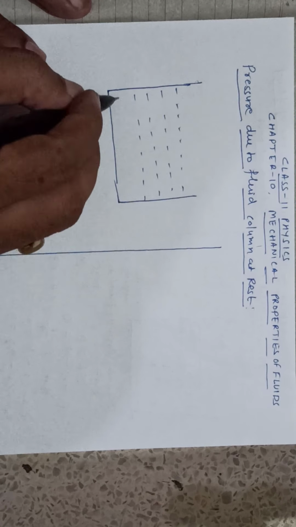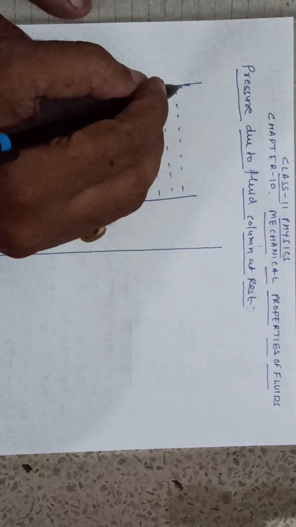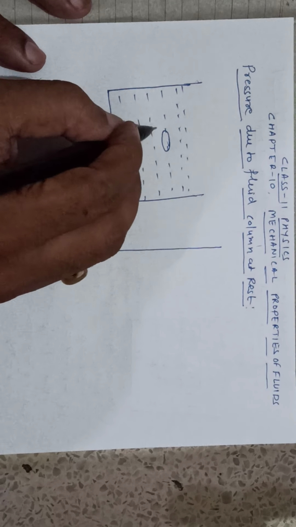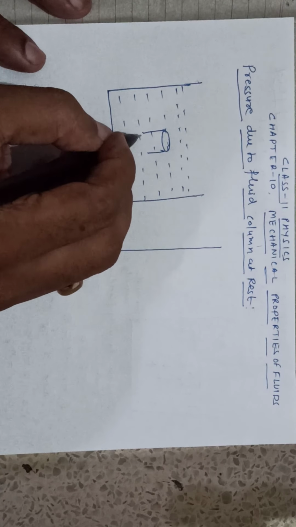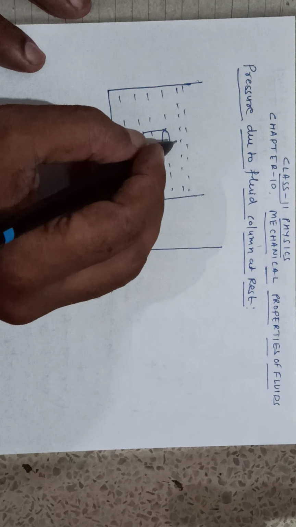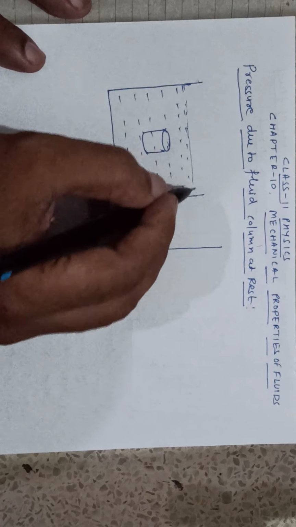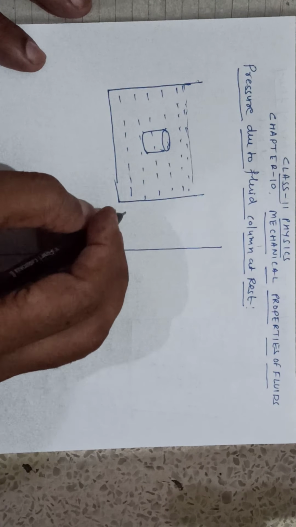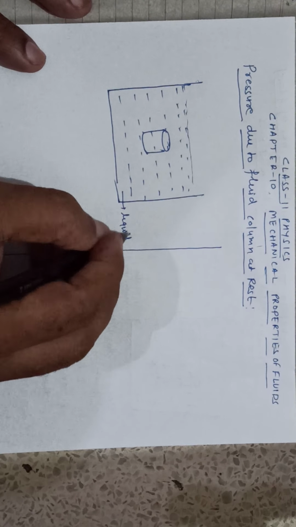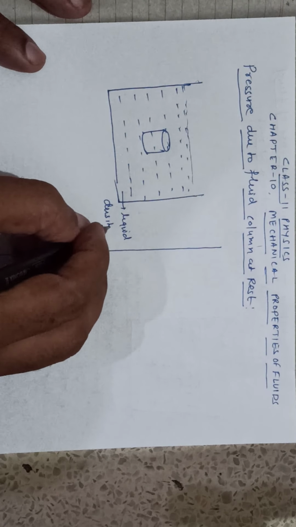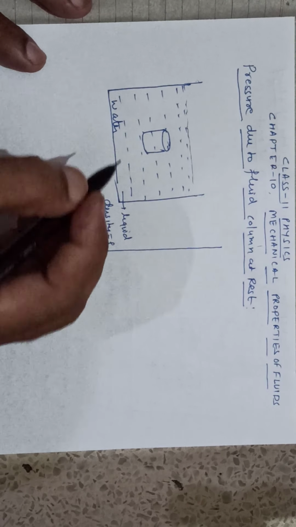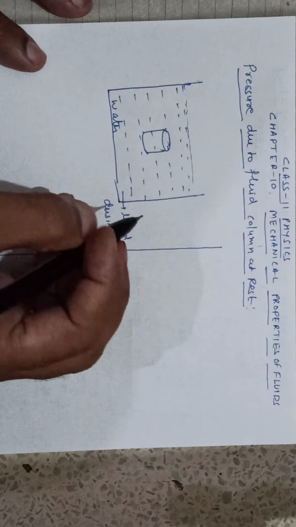The liquid is not flowing here, and imagine that a small object in the form of a cylinder is lying inside the liquid. Let the liquid density be rho, and suppose the fluid is water.